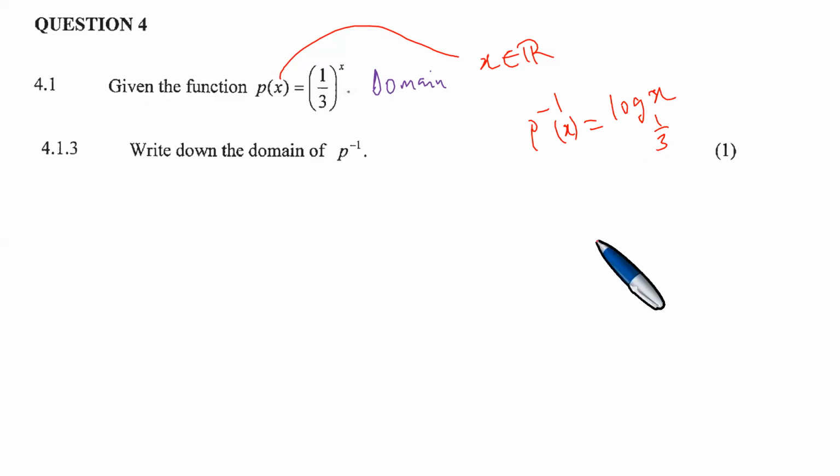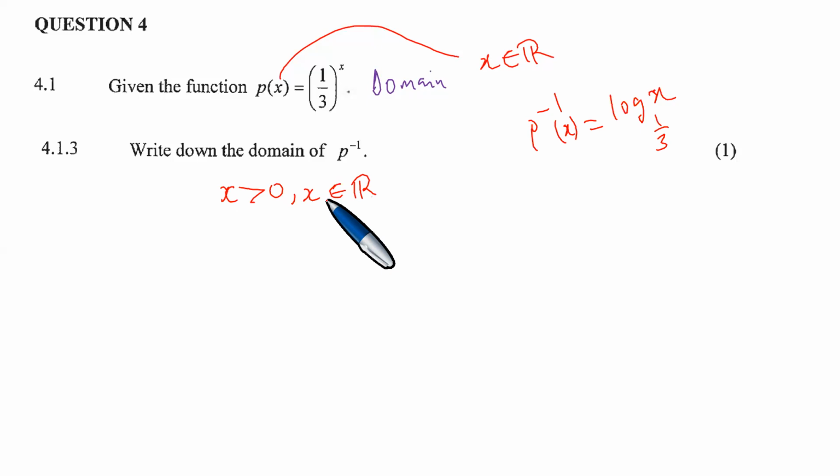Now, what is the domain of this? This is the log function. So the domain of the log must be such that the log is defined, it has real solutions, when x is greater than 0, and x is an element of the set of real numbers. Write down the domain of P inverse.